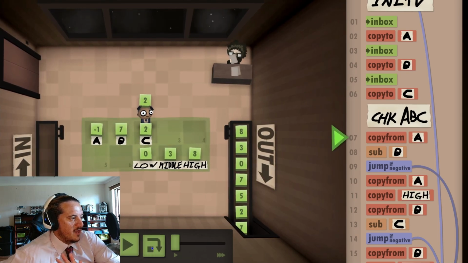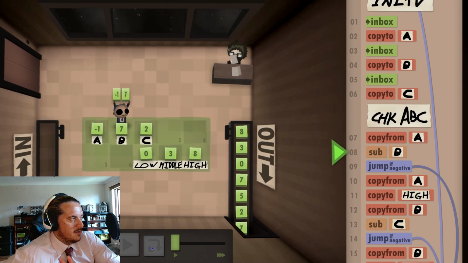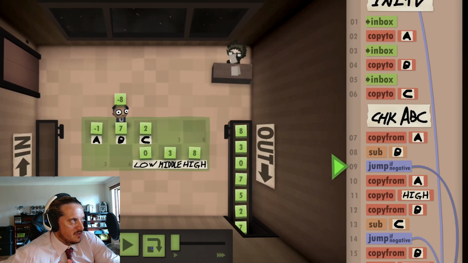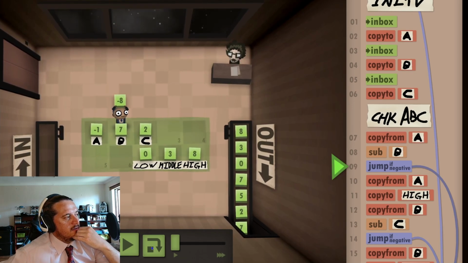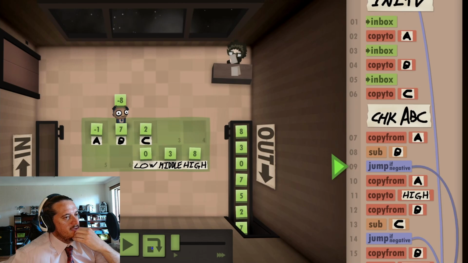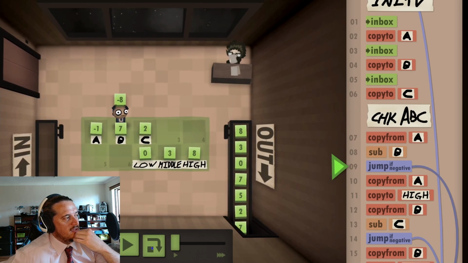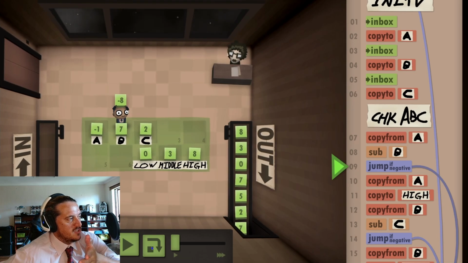So now we're going to take A, we're going to minus B, negative. Which means that B is higher than A, which is what I want to check, right?